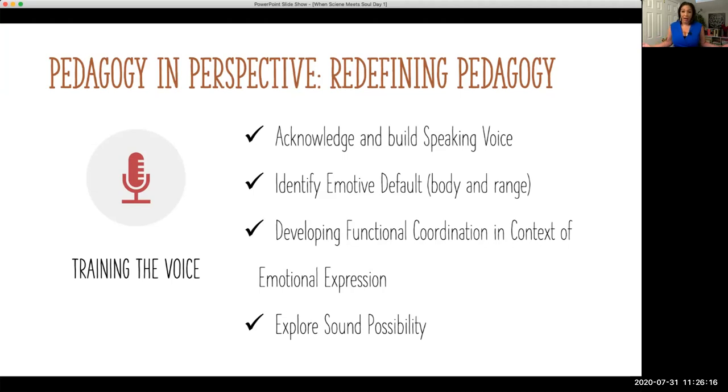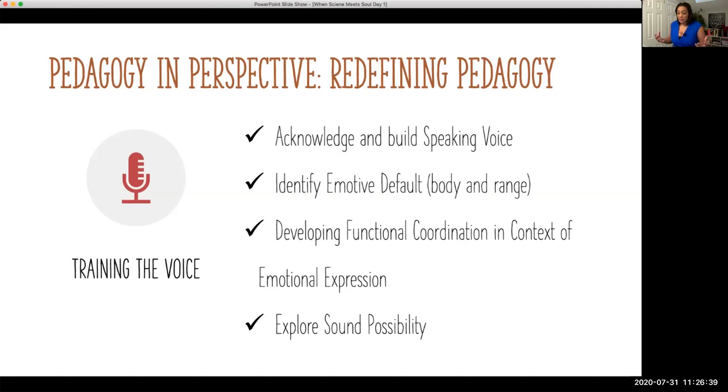This is why I encourage everyone to take level 2 over and over again. Because how are you going to guide someone along a practice when you don't know how to be specific? How do you know how to build someone's natural voice when you're not even sure what that is? You don't even know where you are.